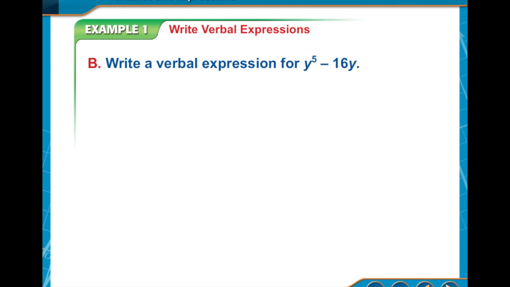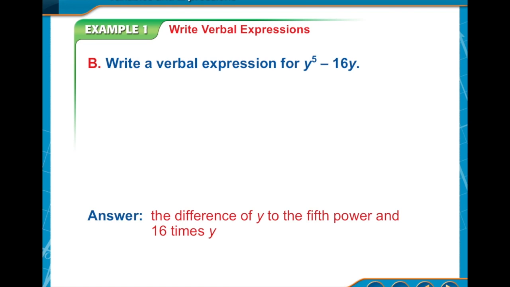Moving on to example 1B, noted by the letter B here, and example 1 here. So 1B, verbal expression for this whole thing here. We want to say, how could we say this in words? Well, we know we're talking about the variable y, and subtraction tells us the difference between these two things.